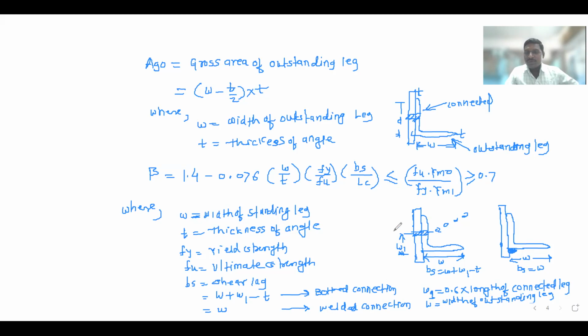Which is the length of connected leg? Here D is the length of connected leg, so 60% or 0.6 of this D. 0.6 into D is W1, and W is the width of outstanding leg.